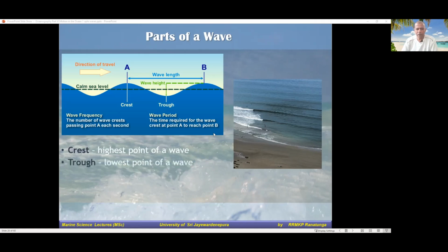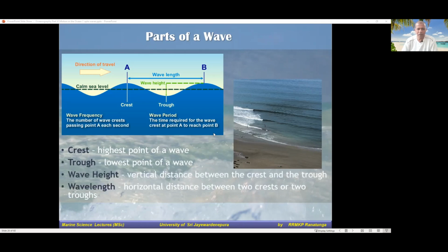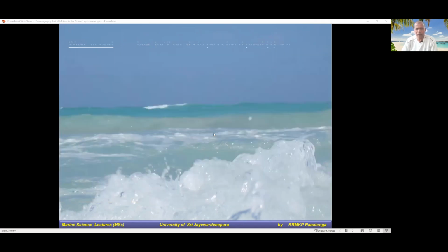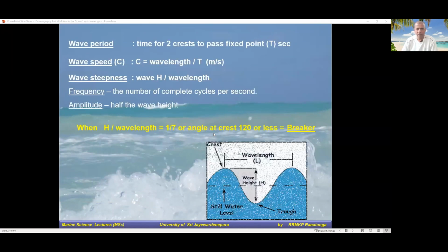The crest and the trough are the highest and the lowest points. You know all these basic concepts: the wave period, the wave speed, and the steepness, which is the wave height divided by the wavelength, the frequency and amplitude. That's everything that applies to ocean waves as well.